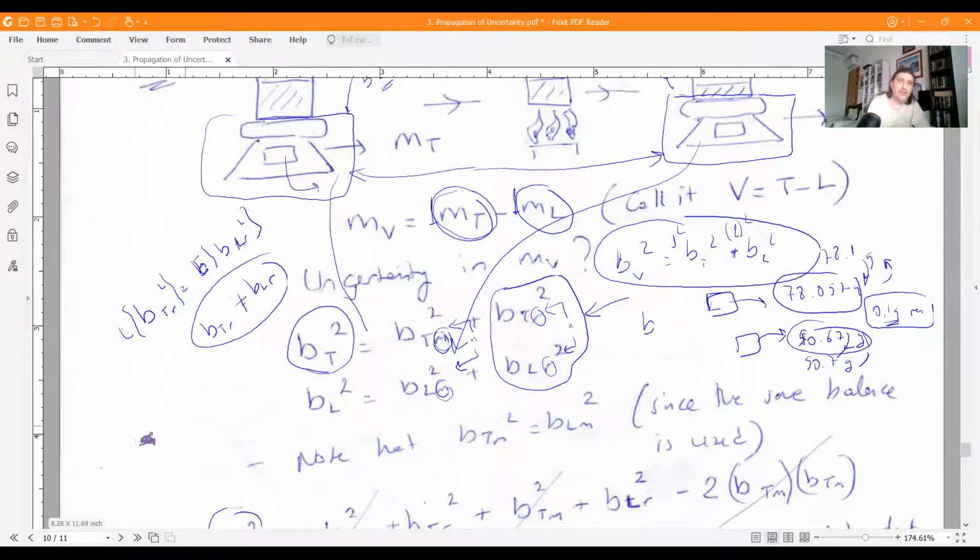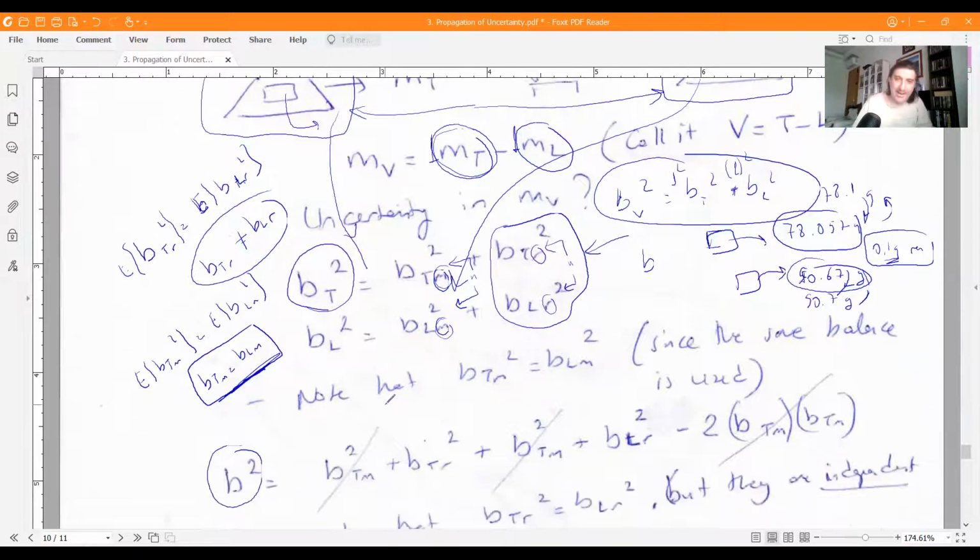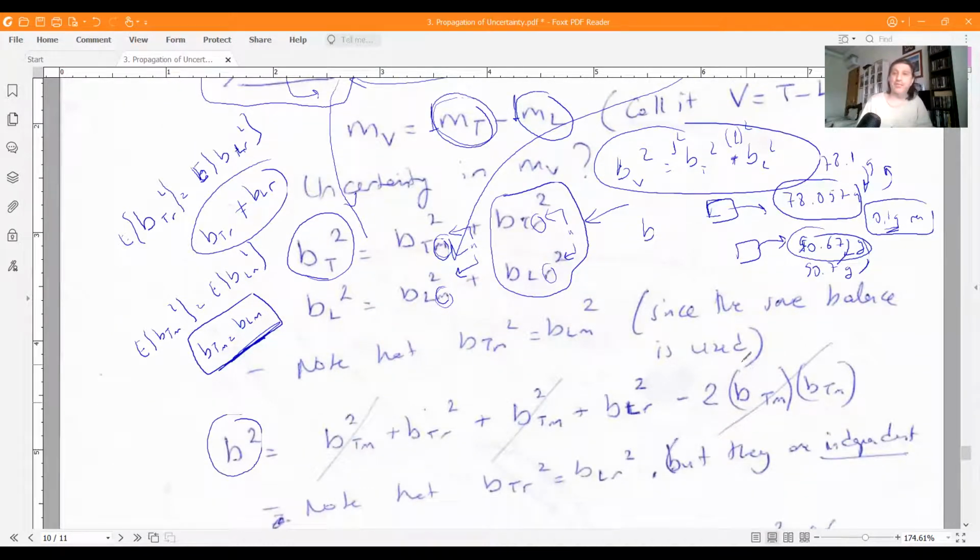On the other hand, for this case, not only BTM square expected values are equal to each other, but also as an individual value, which we will never know, they are going to be equal to each other. Therefore, I also need the covariance terms here. Just go back to the previous lecture.